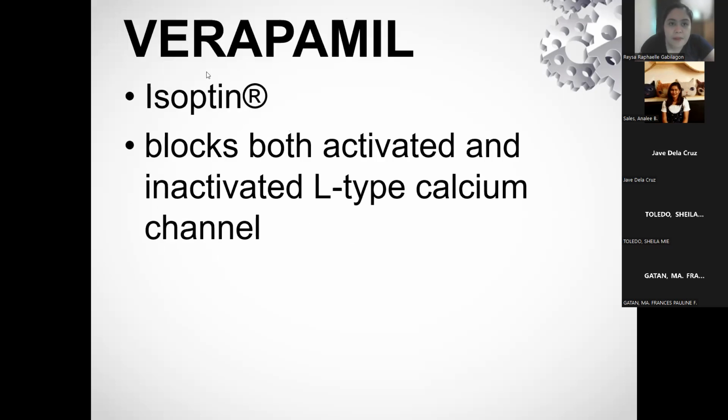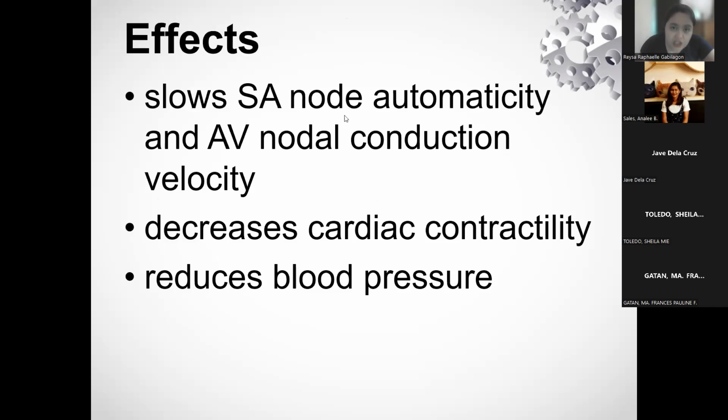Now we have verapamil. Our brand name is Isoptin. Again, they block both activated and even inactivated L-type calcium channels in the heart. If we block the calcium, calcium is very much needed, not just for the action potential, but also for the contraction of the heart. Remember, our heart is a muscle. So decreased cardiac contractility is included here.